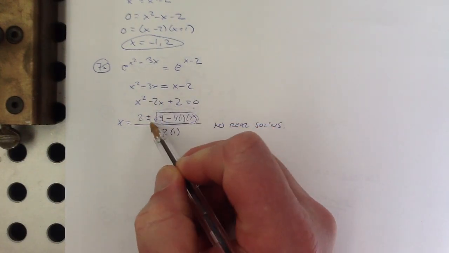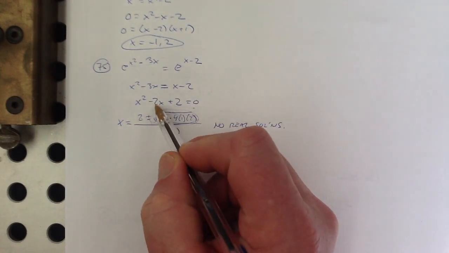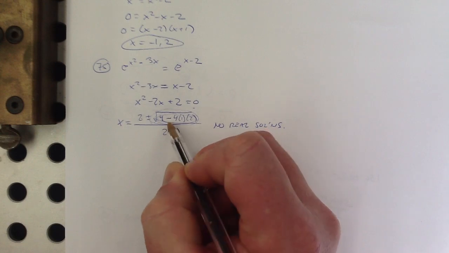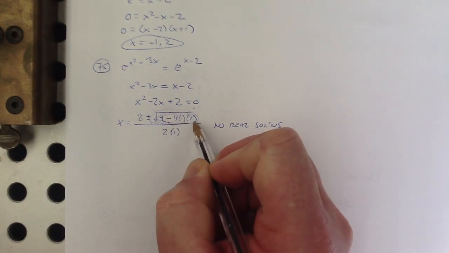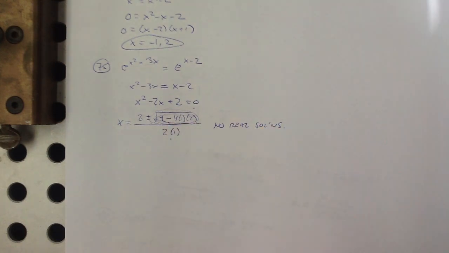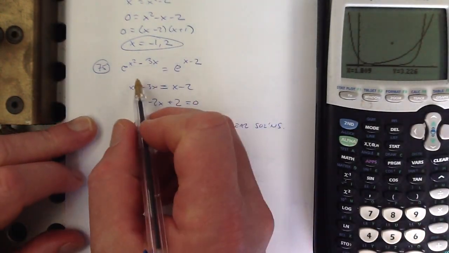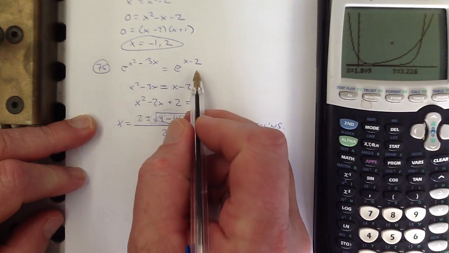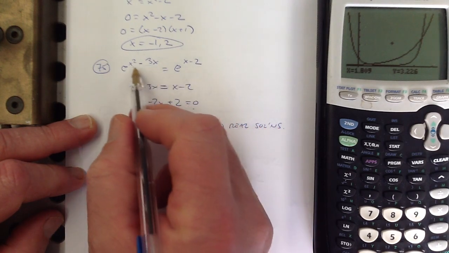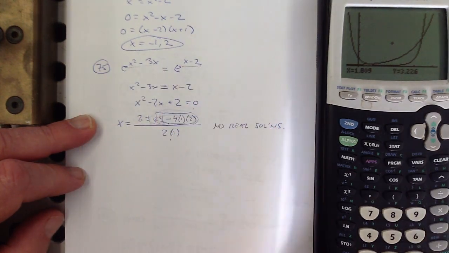Opposite of b plus or minus the square root of b squared minus 4ac, all over 2a. I do not see anything wrong here.